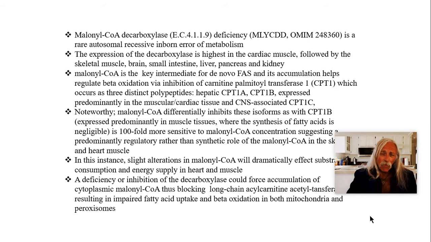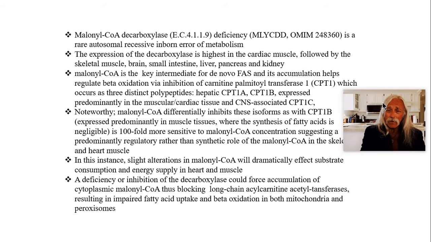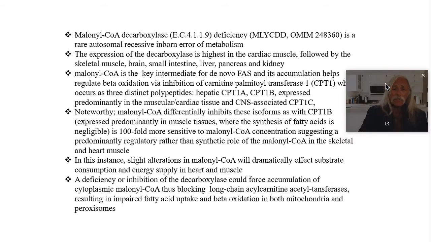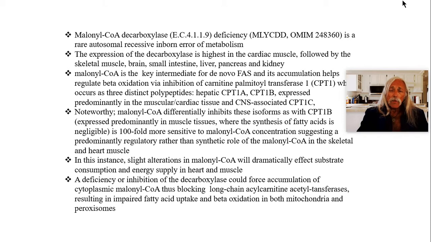It's 100-fold more sensitive to Mal-CoA concentration in the muscle, suggesting a predominantly regulatory rather than a synthetic role for the Malonyl-CoA in skeletal and heart muscle. That means you're not making fatty acids a lot in those 2 organ systems. And that's well documented. So in this instance, slight alterations in Malonyl-CoA will dramatically affect substrate consumption and energy supply in the heart and muscle, of course.